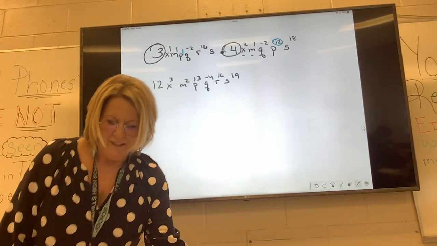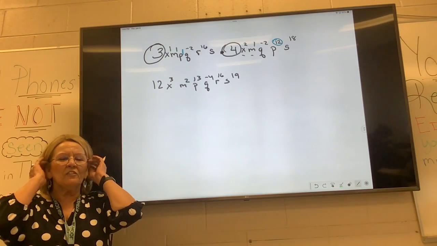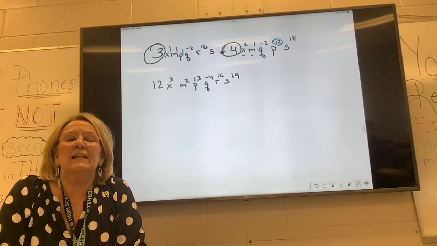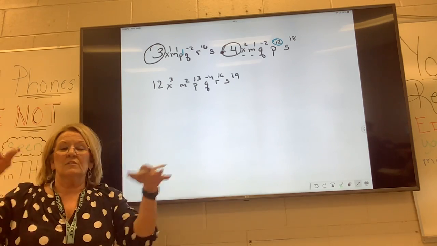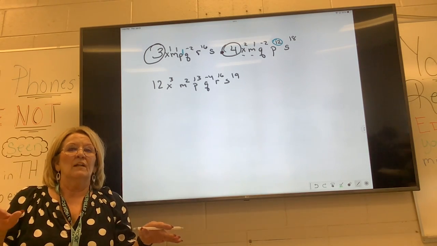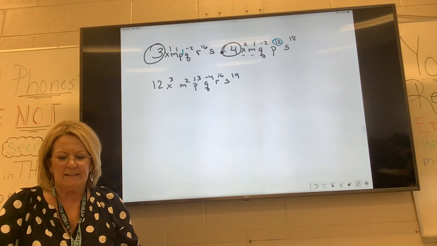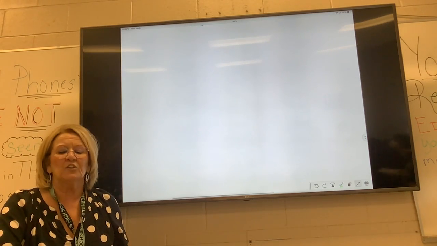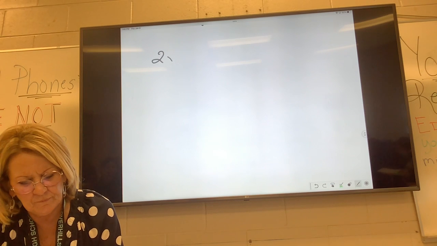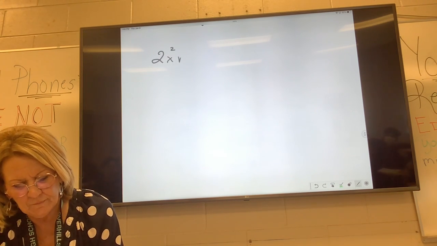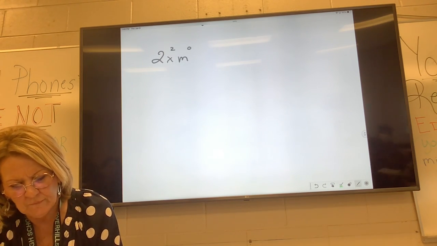Okay, now the only other thing, because the IXL wants you to keep the negative exponents, which is illegal, so after today it won't be allowed. Today we're doing it. But the only thing they didn't do, and you're going to get wrong, is if I have this. Write this down as well.